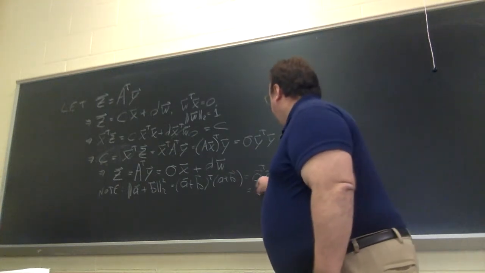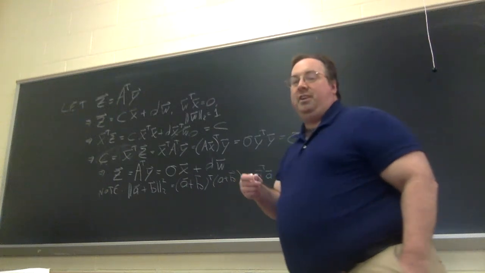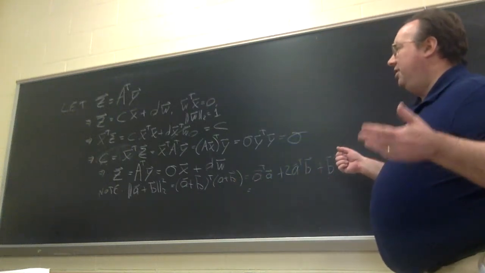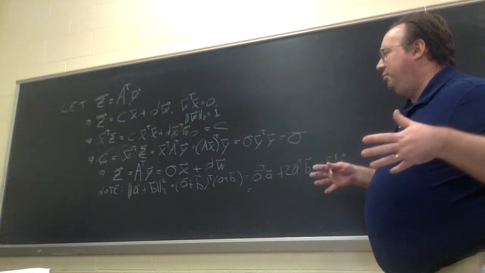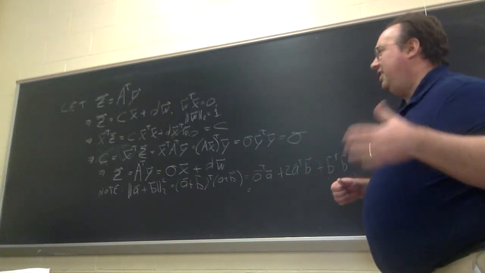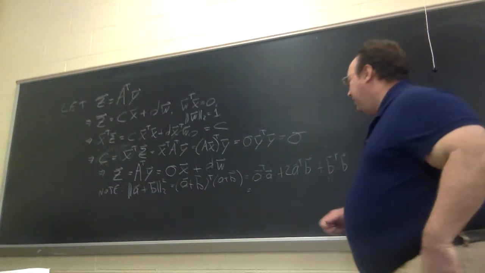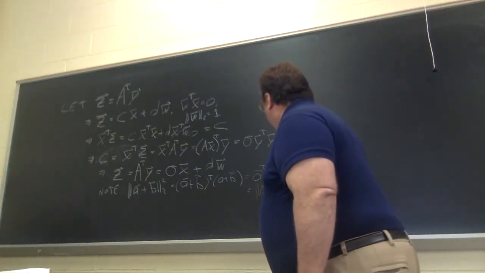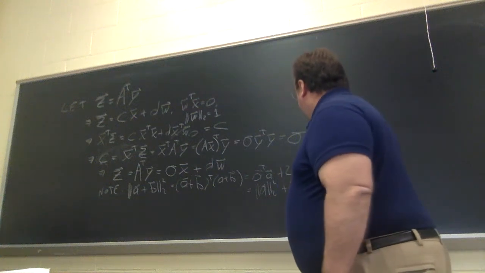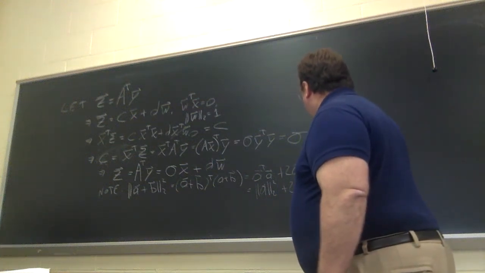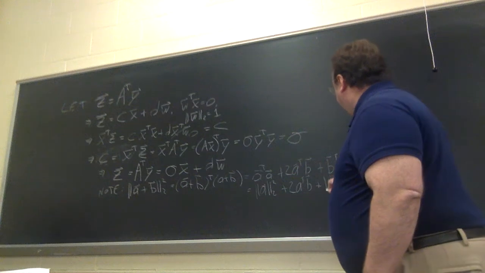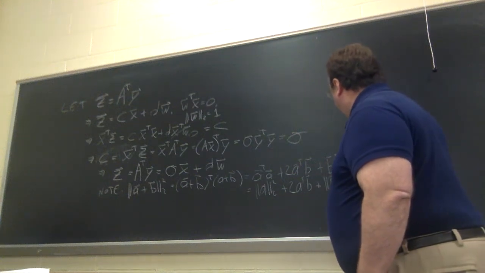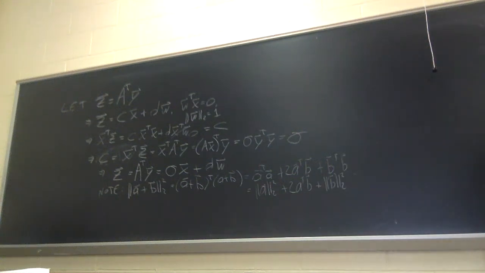Now remember, there are a lot of little properties I'm using here that need to be burned in your brains, like second nature, just like the quadratic formula someday. So that's the 2 norm of A squared plus 2 A transpose B, the dot product of A and B, plus the 2 norm of B squared. That's for any real vectors. What if the vectors A and B are orthogonal?